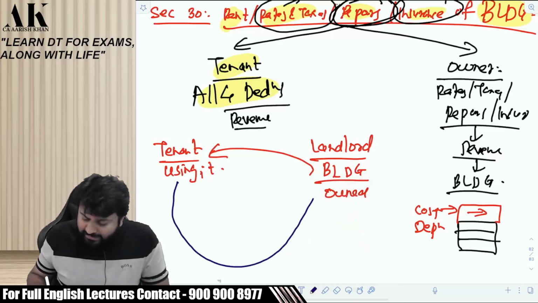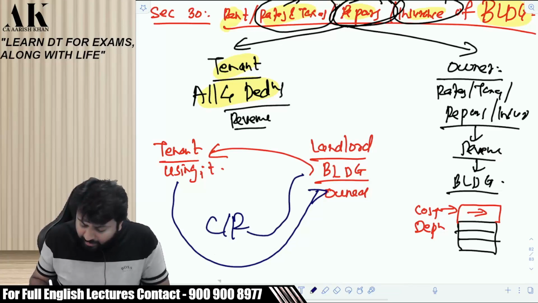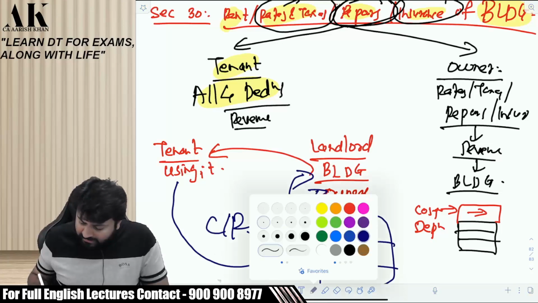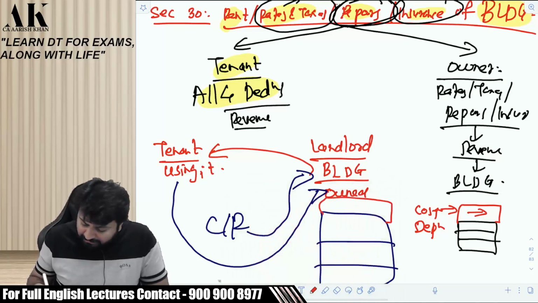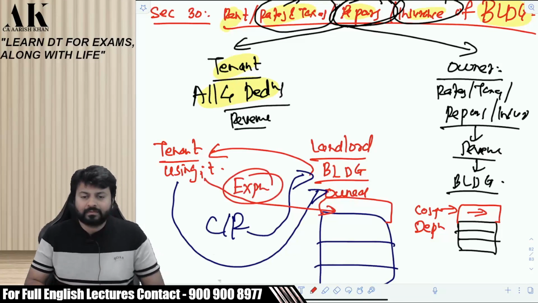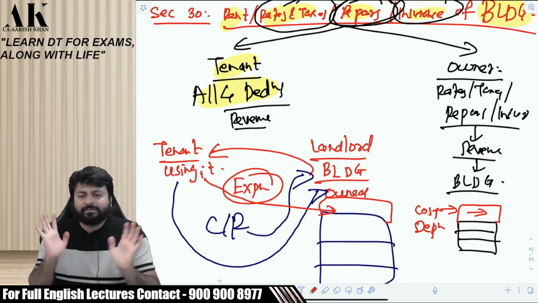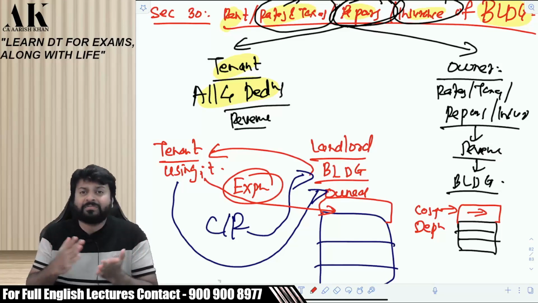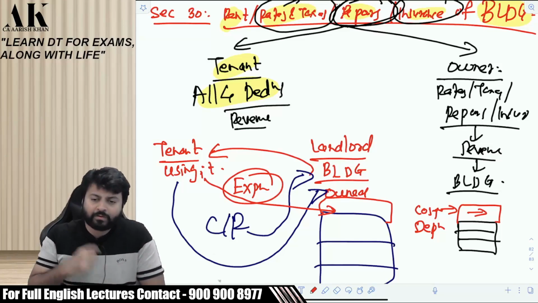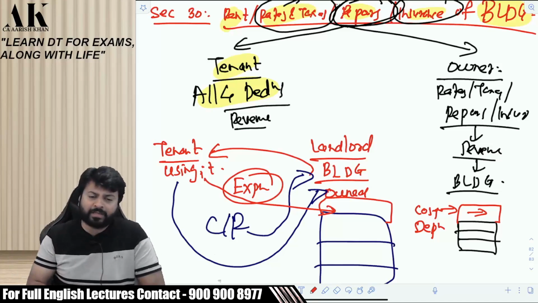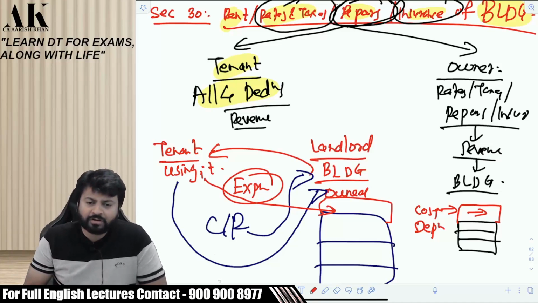Suppose the tenant says, the building is yours, the 3 floors are yours, but please allow me to make the 4th floor. I will do the expense. Can it happen? It may happen in a very extreme situation where the tenant requires the building for a very long term. If he requires it for 3-4 months or 1 or 2 years, he will not incur such a big expenditure on somebody else's property. It's not financially viable, right?